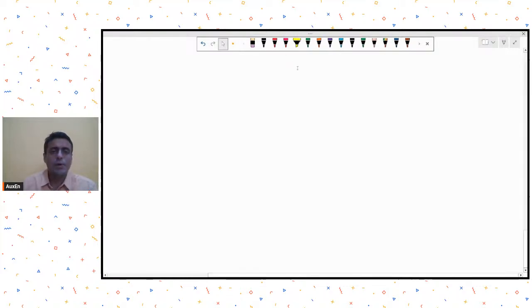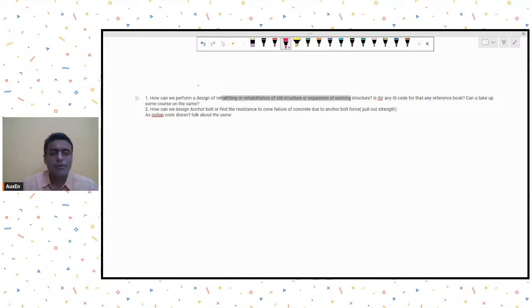Suppose you had some structure which was G plus 1, and now the client wants G plus 2, and comes to you and asks whether we can have an additional floor done. So that is the case of expansion.